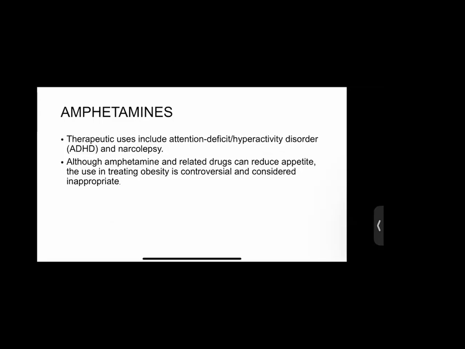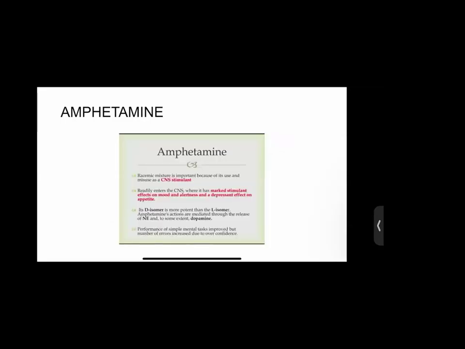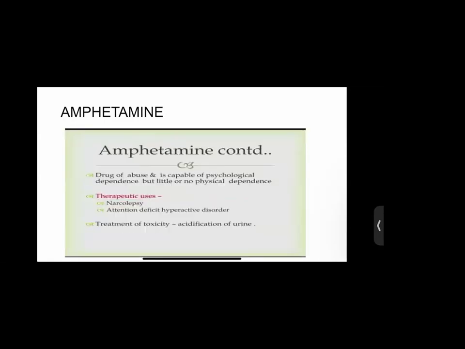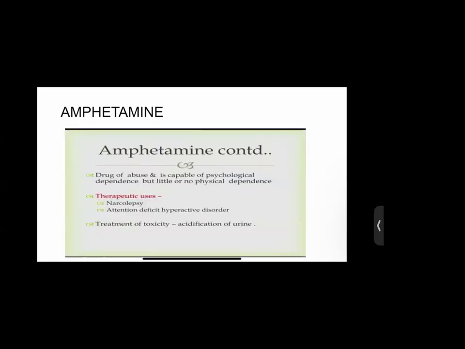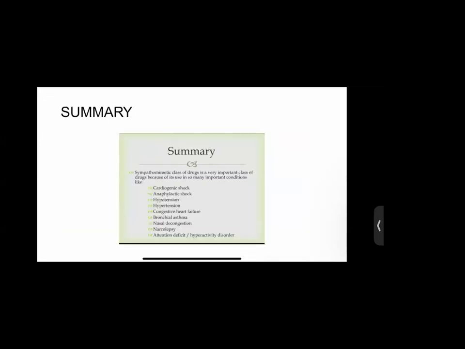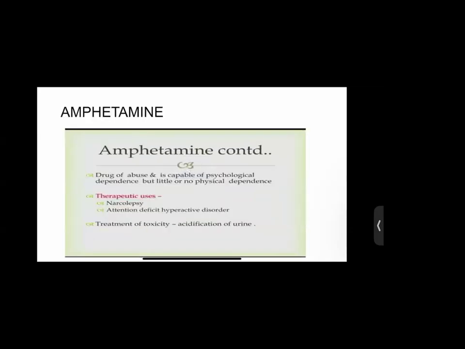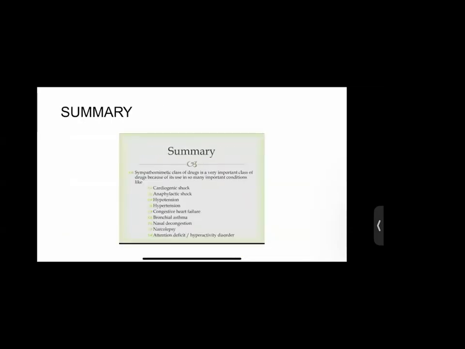All right. This is the summary of what I've just talked about, the central nervous system stimulation effect of amphetamine, both the D isomer and L isomer. So in summary, the sympathomimetic class of drugs is a very important class of drugs because of its use in so many important conditions.